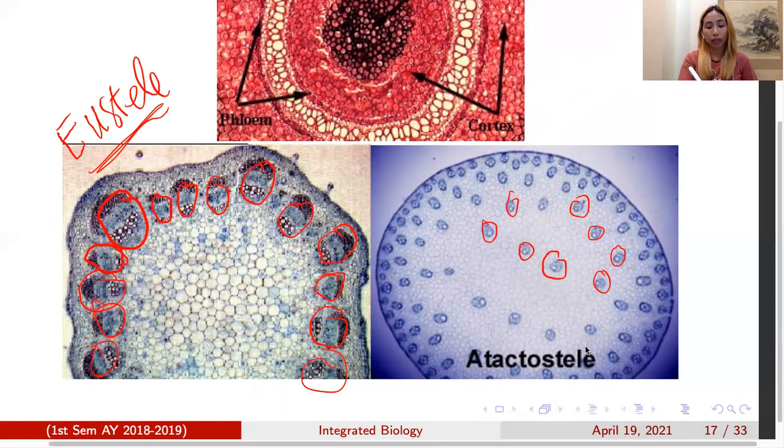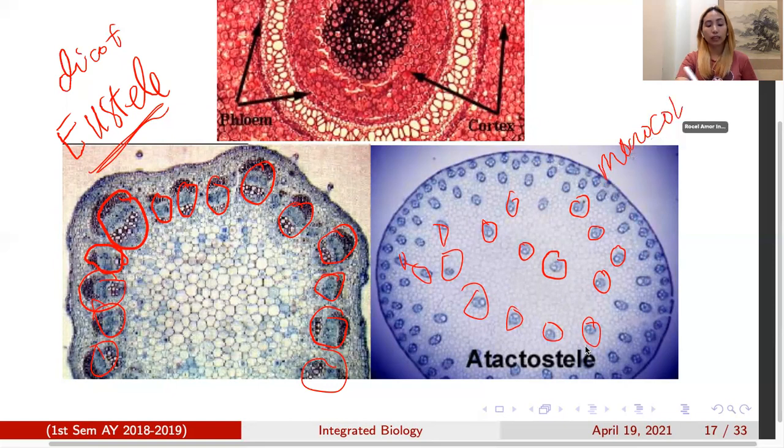Atactostele stellar pattern has vascular bundles scattered randomly, right, in the ground tissue of the stem. Okay, so this is mostly characteristic of dicot plants, and this one is characteristic of monocot plants. And this is when it comes to stem stellar pattern.